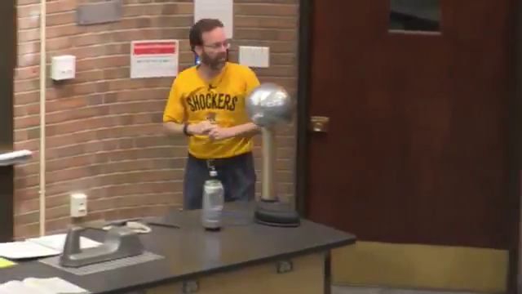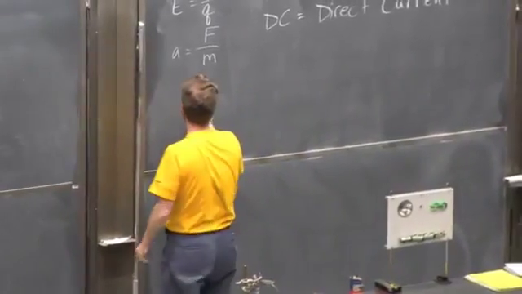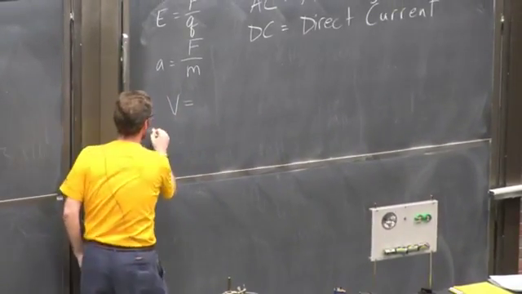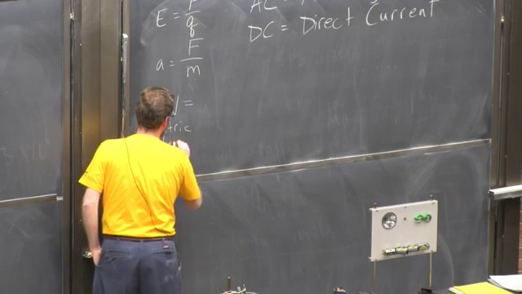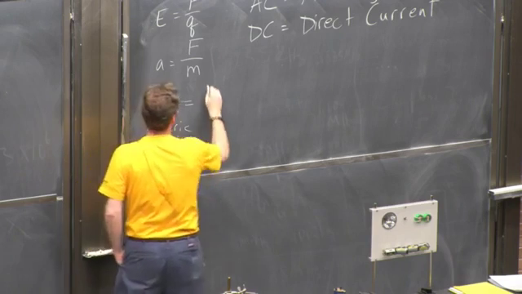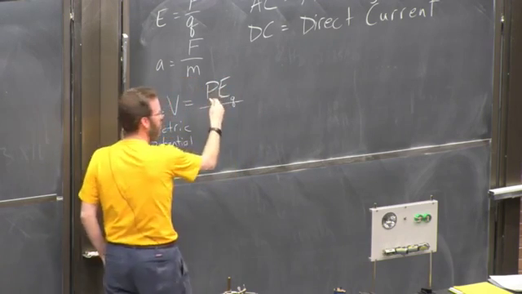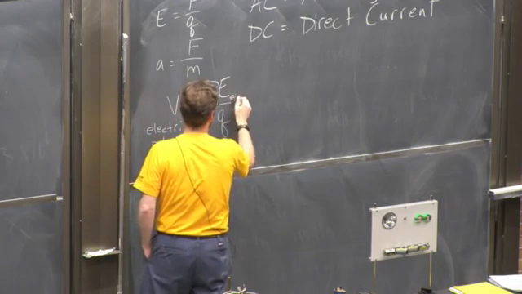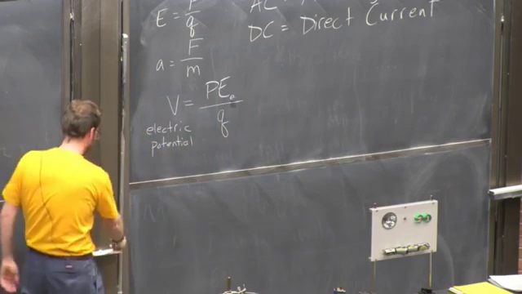They've gained energy, and they've wiggled because we applied a voltage, electric potential. Write that again because they're the same thing. And that was our energy, electric potential energy per charge. This is just to represent that it's electric potential energy as opposed to gravitational potential energy.